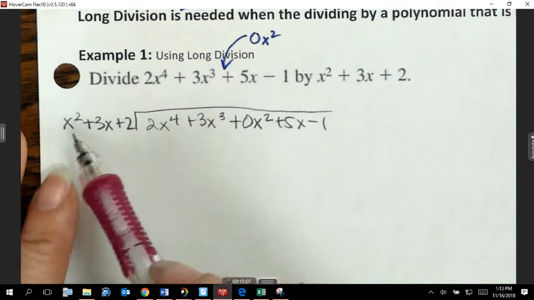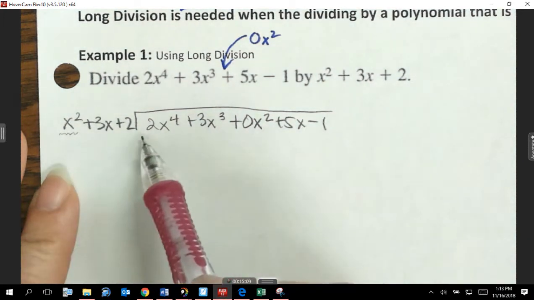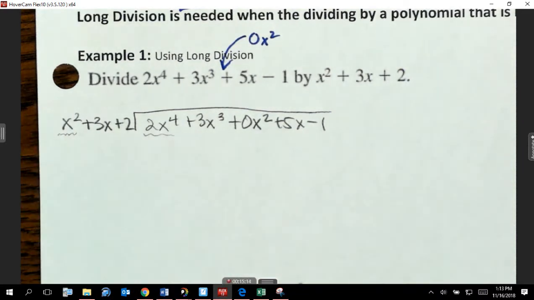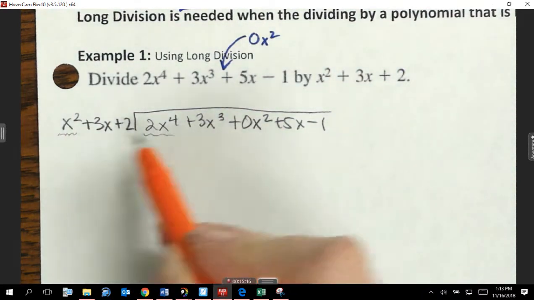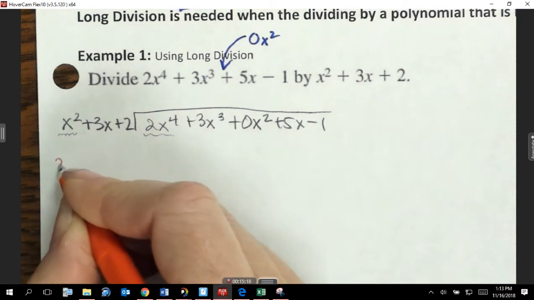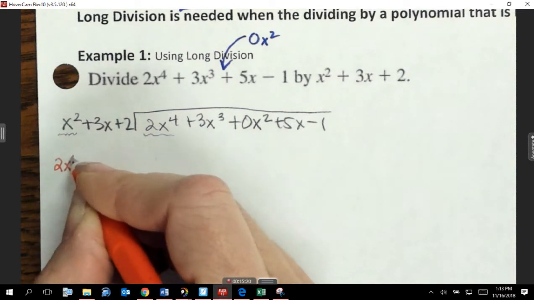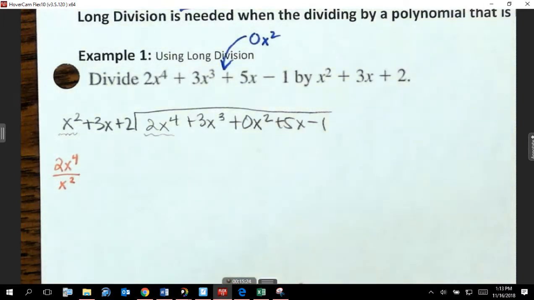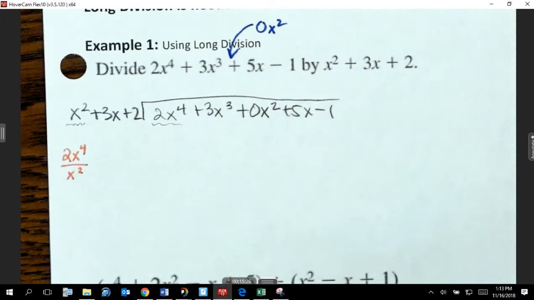I'm just going to look at the first term into the first term. So I'm going to divide 2x to the fourth by x squared. And if you don't know what that is by just looking at it, then write it down off to the side. What is 2x to the fourth divided by x squared? When we reduce that, what do you get?